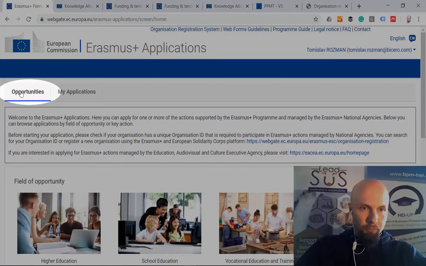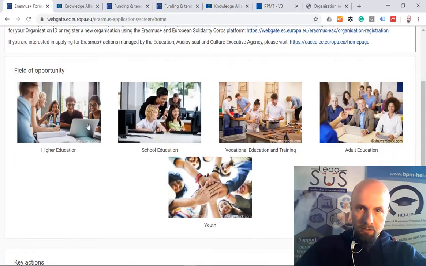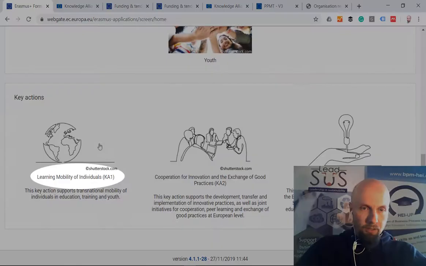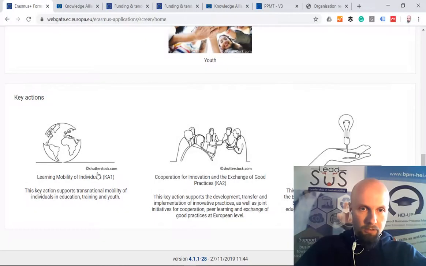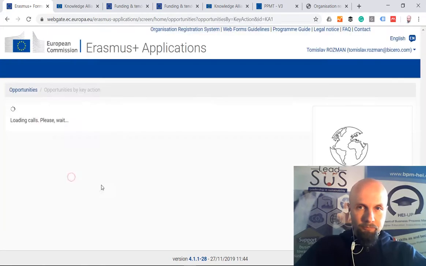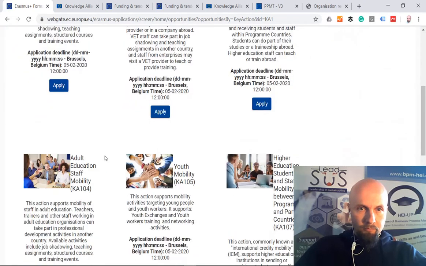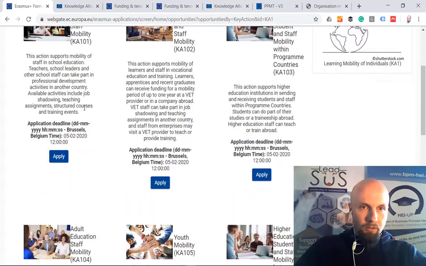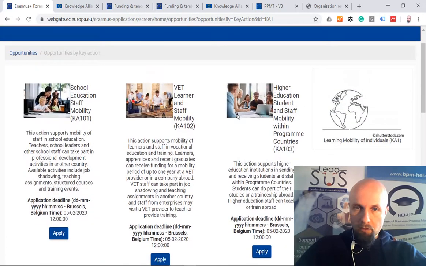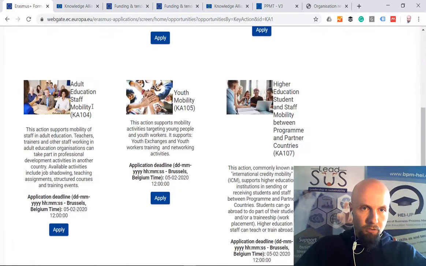So I will click opportunities, and for mobility is under key A1, key action 1 subprogram. And here I can see a lot of subprograms for school mobility, staff mobility, higher educational mobility, and education.